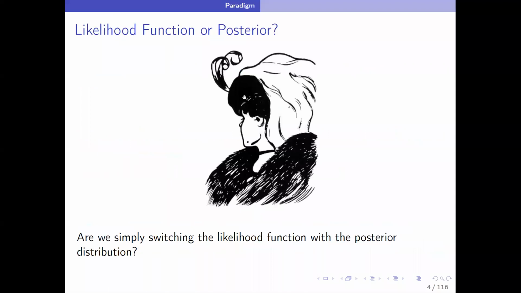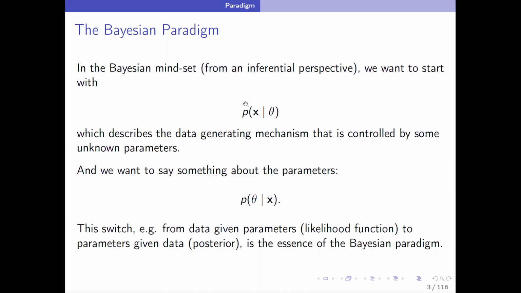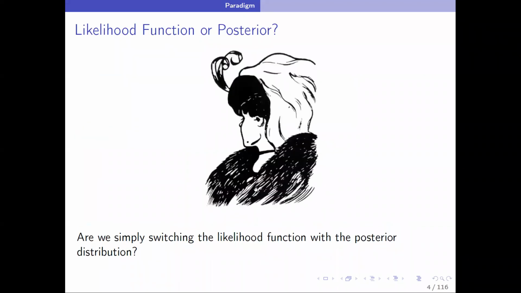Are we simply switching the likelihood function with the posterior distribution? We are using the same thing, called a likelihood function or sampling distribution, and the same thing called the posterior. It's a picture where you look at the same thing from 2 different angles. It boils down to that.